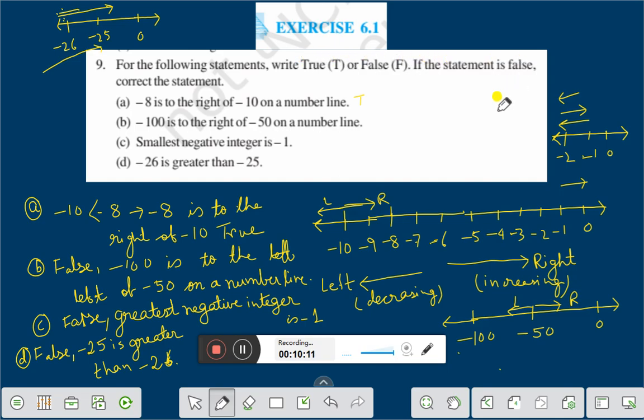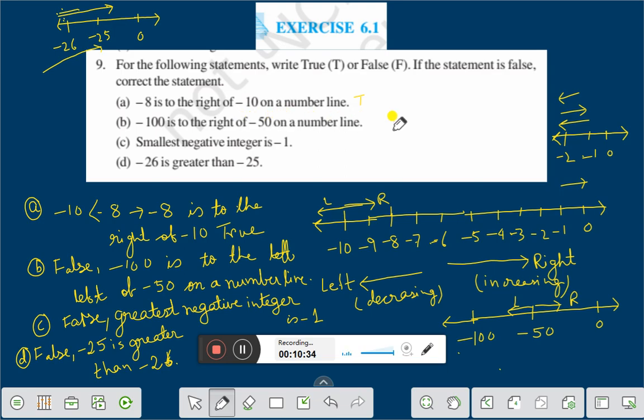If the statement is false, correct the statement. Minus 8 is to the right of minus 10 on a number line. Here you see minus 8 is here, and minus 10 is here, and minus 8 is greater than minus 10. Therefore, it is to the right. That is, minus 8 is to the right of minus 10 on a number line is true.